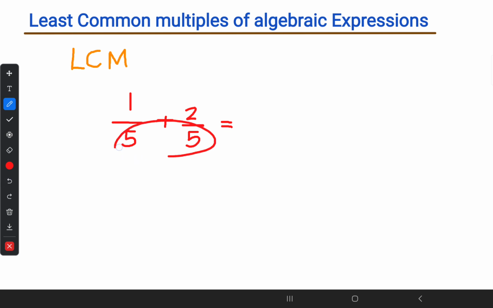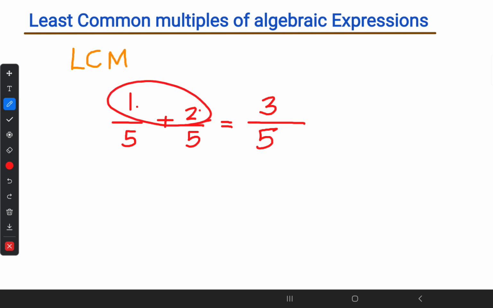Since the denominators are the same, we can write the same denominator in our answer and add the numerator values. 1 plus 2 is 3. We cannot do the operation as a sum in the denominator. Only if the denominators are the same can we write the same denominator in our answer and add the numerators.